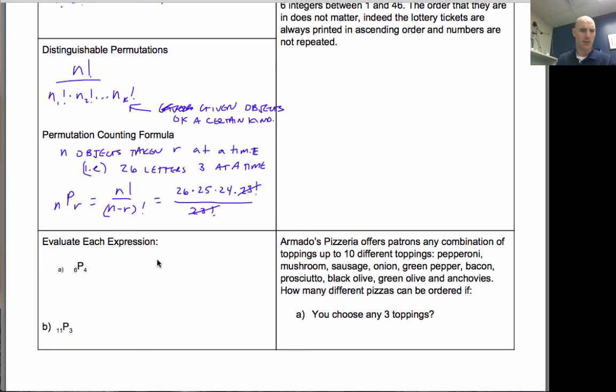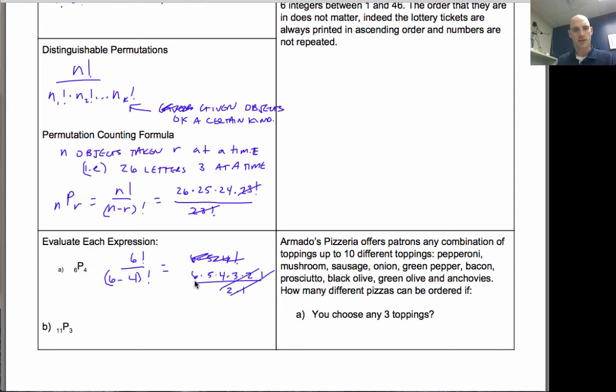So then they asked me to evaluate an expression like this: 6 objects, 4 at a time. So I'd have 6 factorial over 6 minus 4 factorial, which is equal to 6 times 5 times 4 times 3 times 2 times 1 over, and then 6 minus 4 would be 2, so 2 times 1.